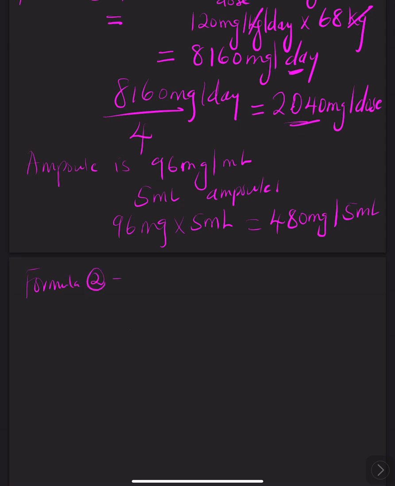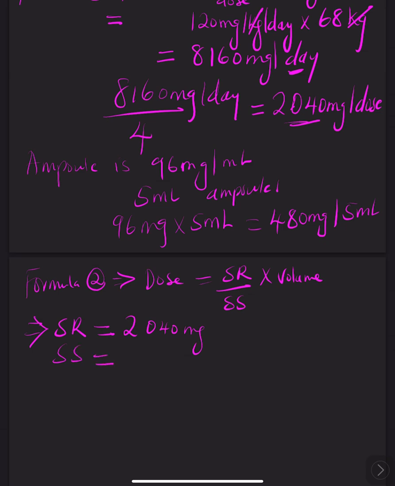So if we look at formula number 2: the dose that you need to give is equal to the stock required over stock strength times the volume. And here we know very well that our stock required, because we've done the calculation, is 2040 mg, and this is per dose. You got your stock strength as 480 mg, and your volume is 5 mils.